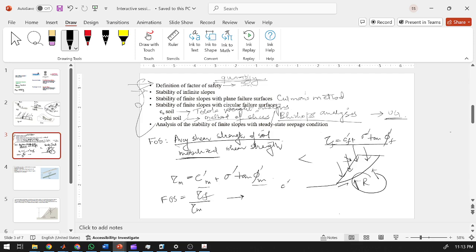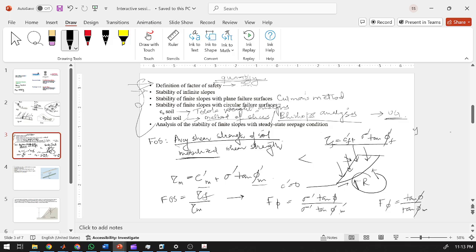Say that C dash is equivalent to 0. So you will have F phi is equal to sigma dash tan phi over sigma dash tan phi m, which will be F phi equals tan phi over tan phi mobilized.